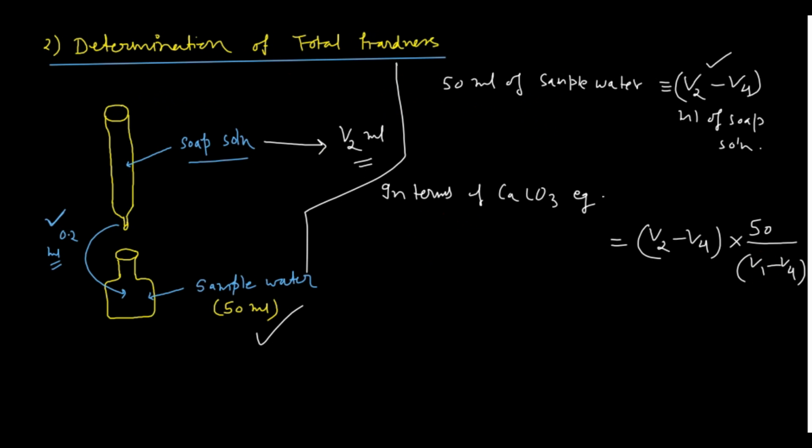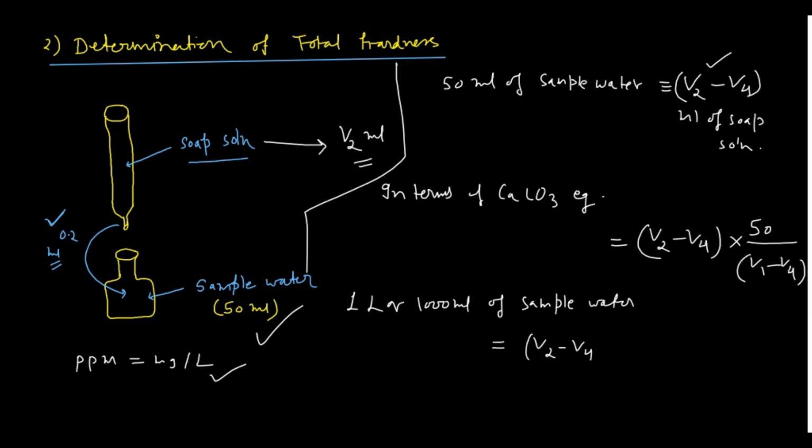And you know, when you determine the total hardness, you always determine it in milligram per liter or in ppm. ppm and milligram per liter are same. ppm equals to milligram per liter. That means you need to do the calculation for 1 liter. So for 1 liter, or you can write 1000 ml of sample water, this is equal to what? V2 minus V4 is already there. There is no problem in that.